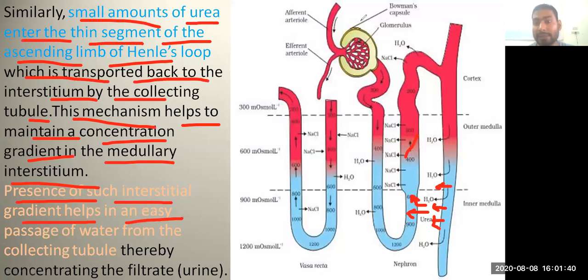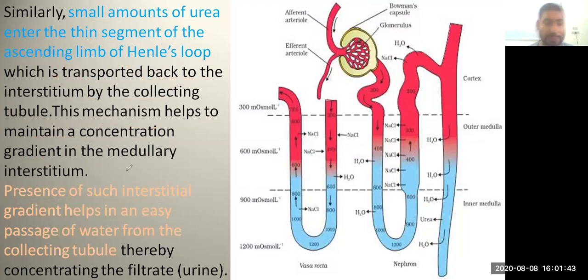What is it saying? You can see, I am going to remove the numerous underlines, because of which you can't differentiate, but right now we are going to do it again. So the presence of such an interstitial gradient helps in easy passage of water from the collecting tubules.